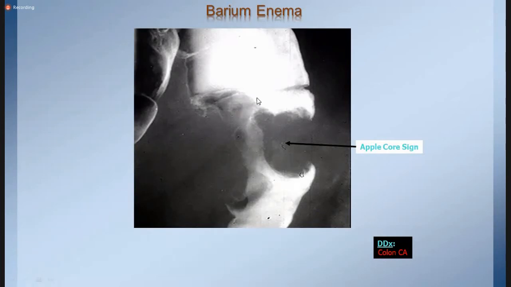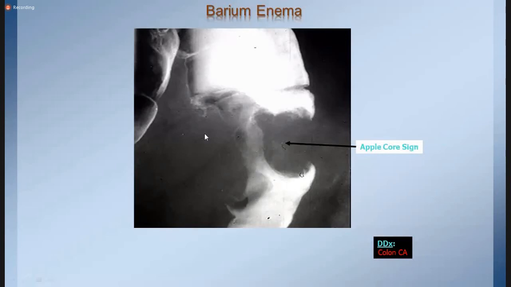Here we have contrast with shouldering of contrast before and after the lesion. There is luminal narrowing with irregularity. Here we have shouldering of the contrast before the lesion, and then again at the end of the lesion we have shouldering of this contrast.